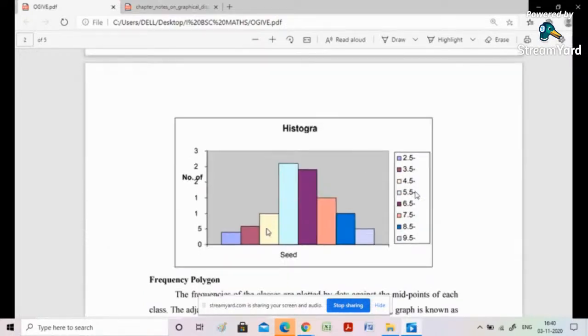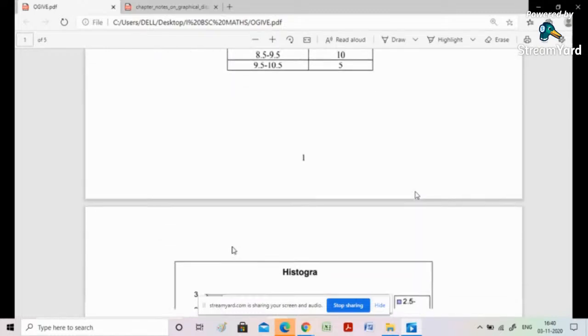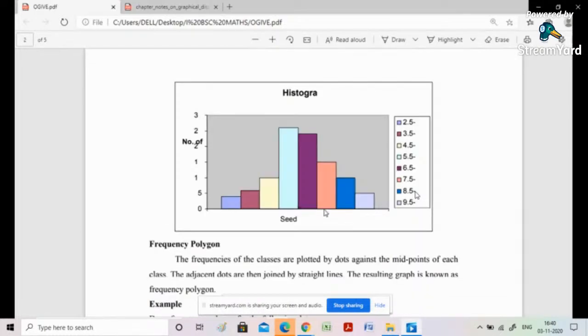Here the range is not given. Anyway, we can assume that the endpoints of these intervals will be 2.5 to 3.5, 6.5 to 7.5, 7.5 to 8.5, 9.5 to 10.5. So this is another type of representation. In this histogram, we can see the frequency diagram.